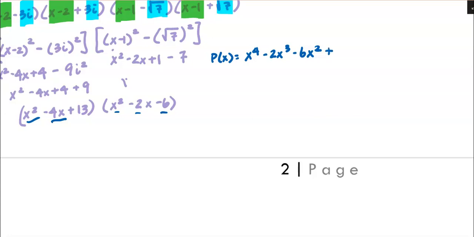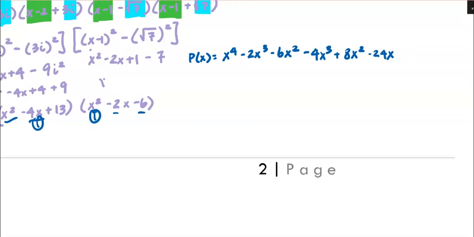That's 4 times 2 is 8x squared. Oh, I skipped one. That's going to be negative 4x to the 3rd, and then plus 8x to the 2nd, and then minus 24x.